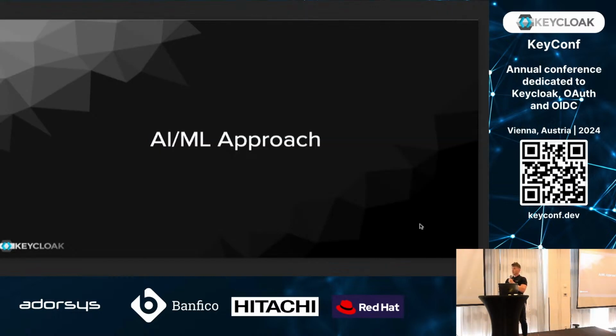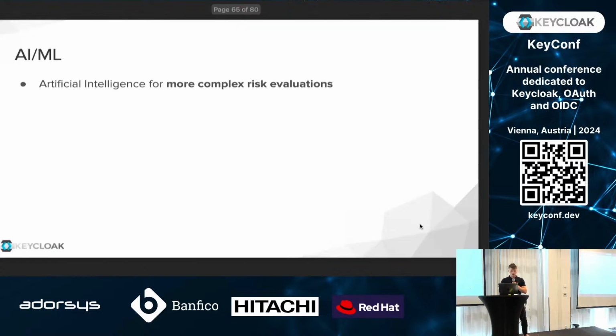We are touching the third and last section, leveraging AI and machine learning approaches for it. Artificial intelligence can be used for more complex risk evaluations. As I mentioned in the beginning, the evaluation of the risk might be really difficult because no one has the right answer.